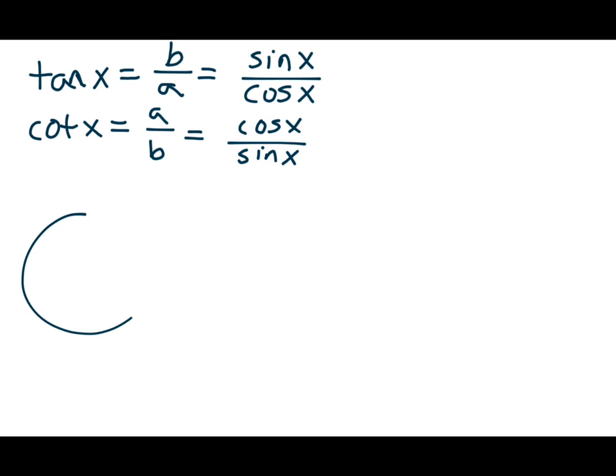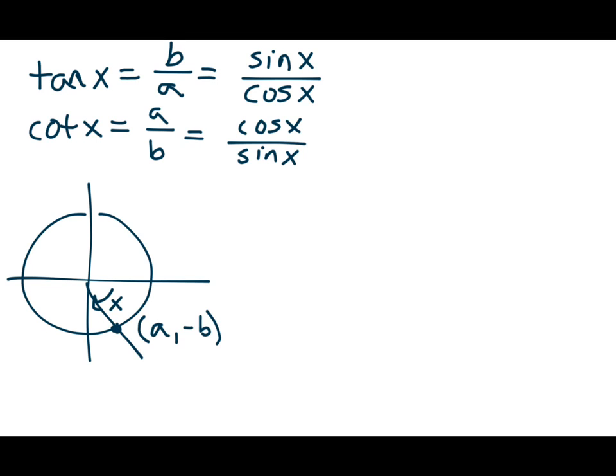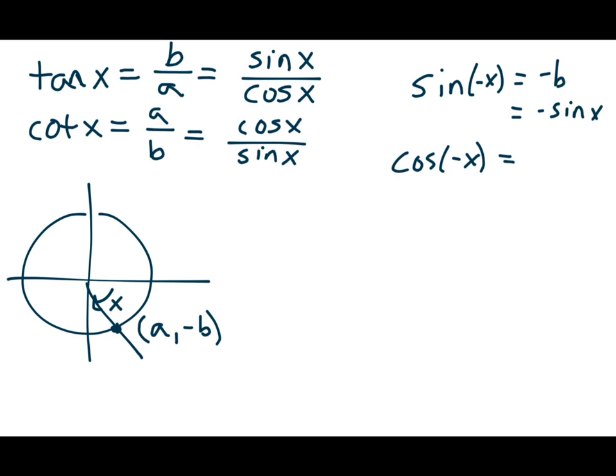If we look at the unit circle again and we talk about a negative x, we are now at a negative b. So if we look at sine of a negative x, it's going to be a negative b, which is negative sine x. If we look at cosine of negative x, you see that the a doesn't change, so it's just equal to cosine of x.